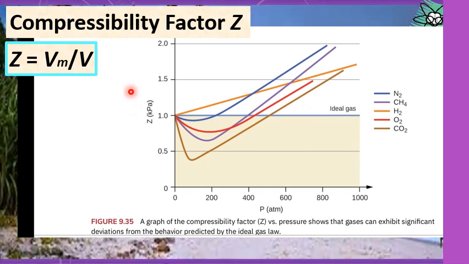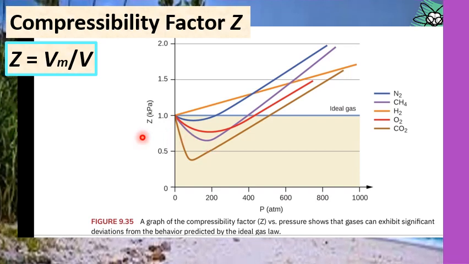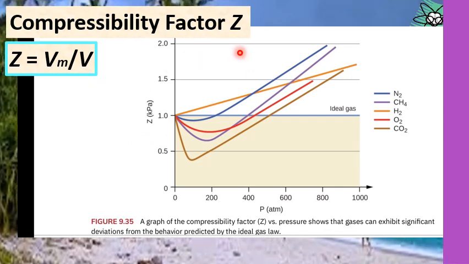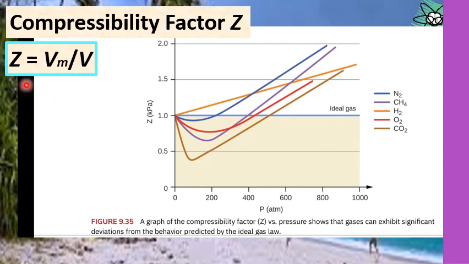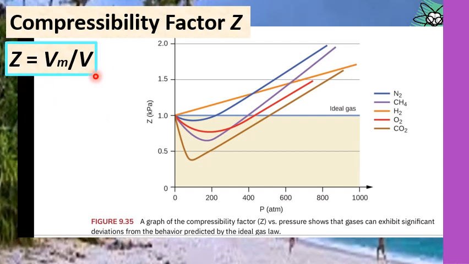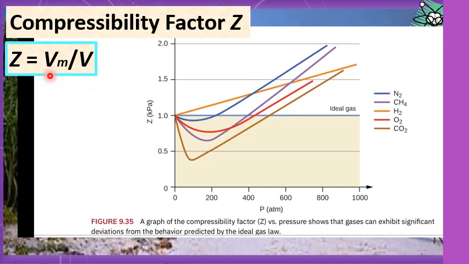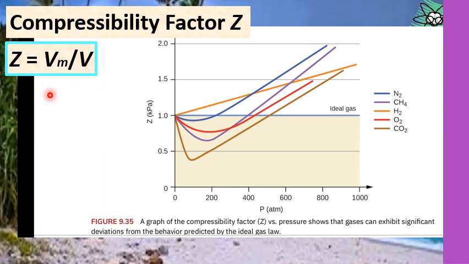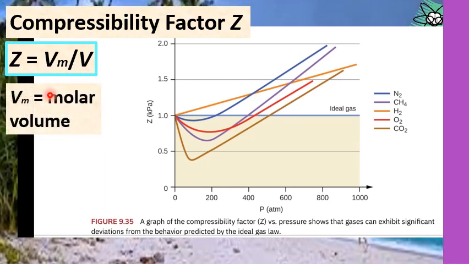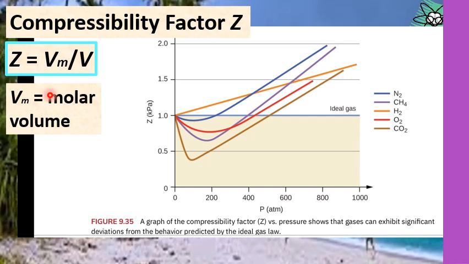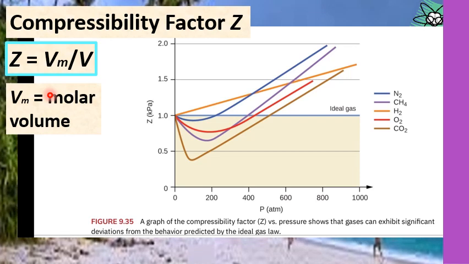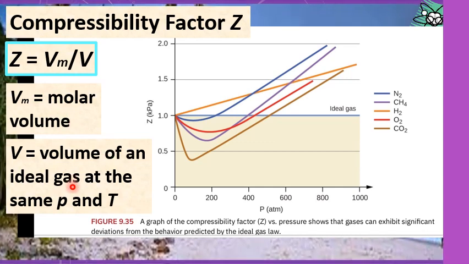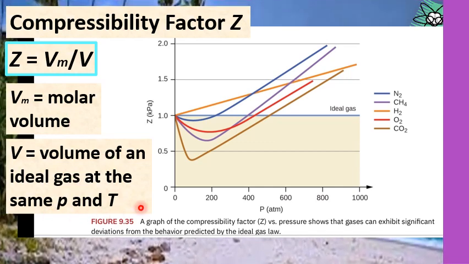The ratio of the molar volume of a gas over the volume of an ideal gas at the same pressure and temperature is called the compressibility factor, denoted by capital Z. So the compressibility factor Z of a real gas is just equal to the ratio of V sub m divided by V, where V sub m is the molar volume of a real gas at the same pressure and temperature, and V is the volume of an ideal gas at the same pressure and temperature.